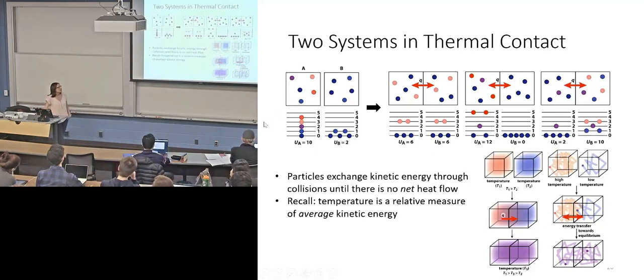So how would I get the average kinetic energy of, say, system A right here? It's the total kinetic energy, keeping in mind that I'm telling you these energies are only kinetic.